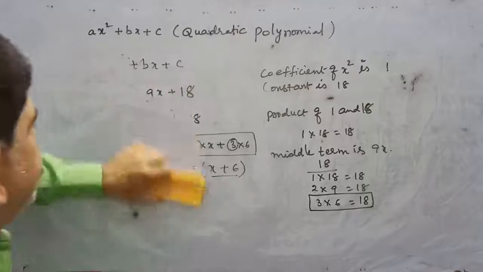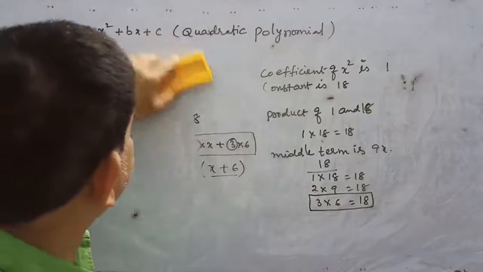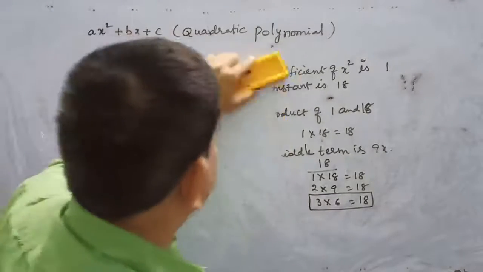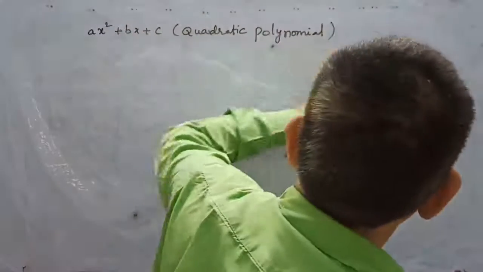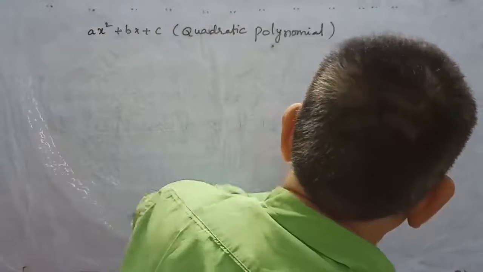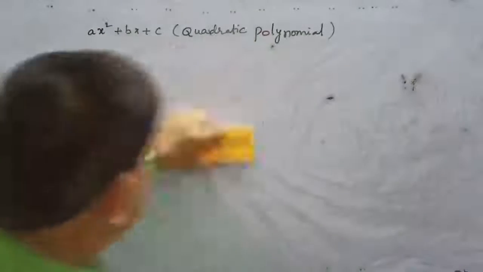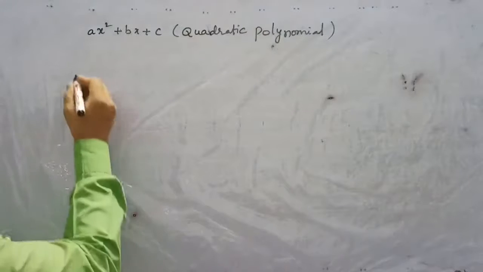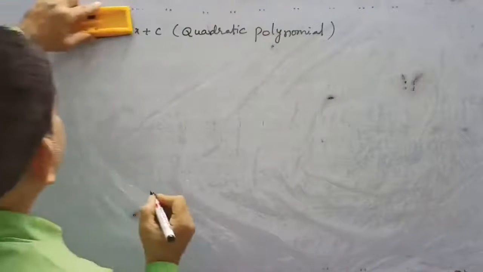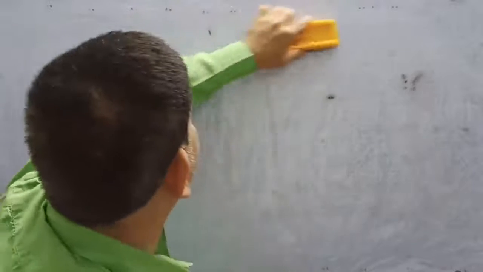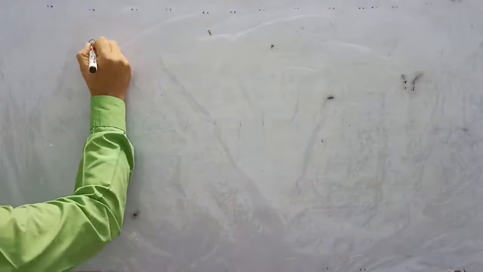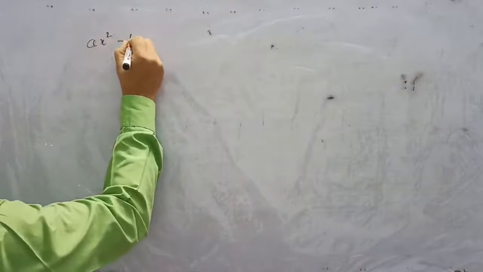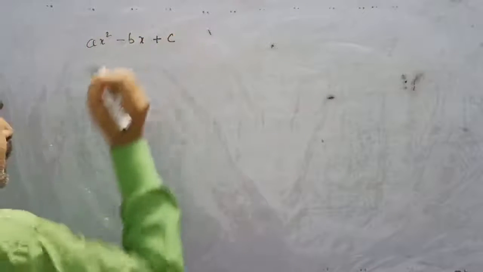Second type. Second type is ax square minus bx plus c.